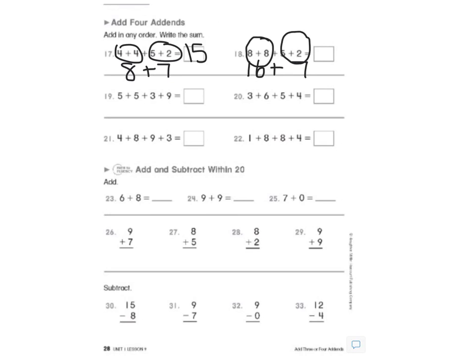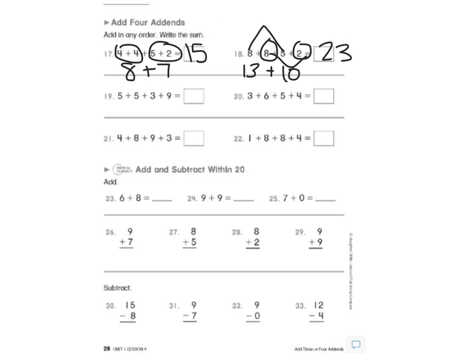Or I can make a 10 with these numbers by adding 8 plus 2. That's 10. Then if I add another 8 and 5, 8 plus 5 is 13. So I'm adding 13 plus 10, which gives me 23.